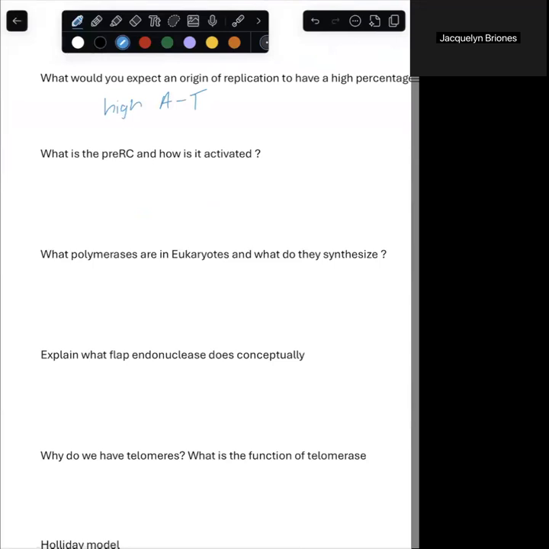What is the pre-RC and how is it activated?